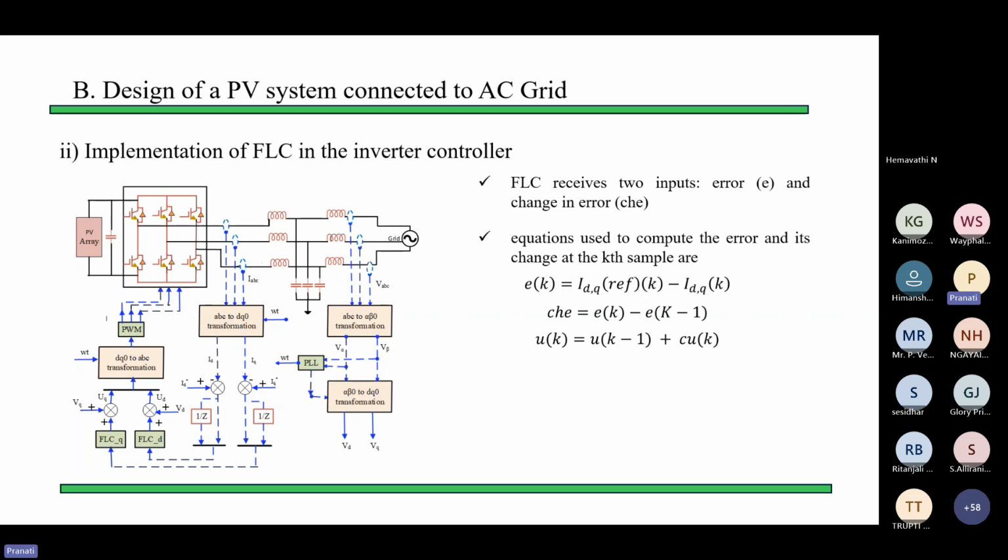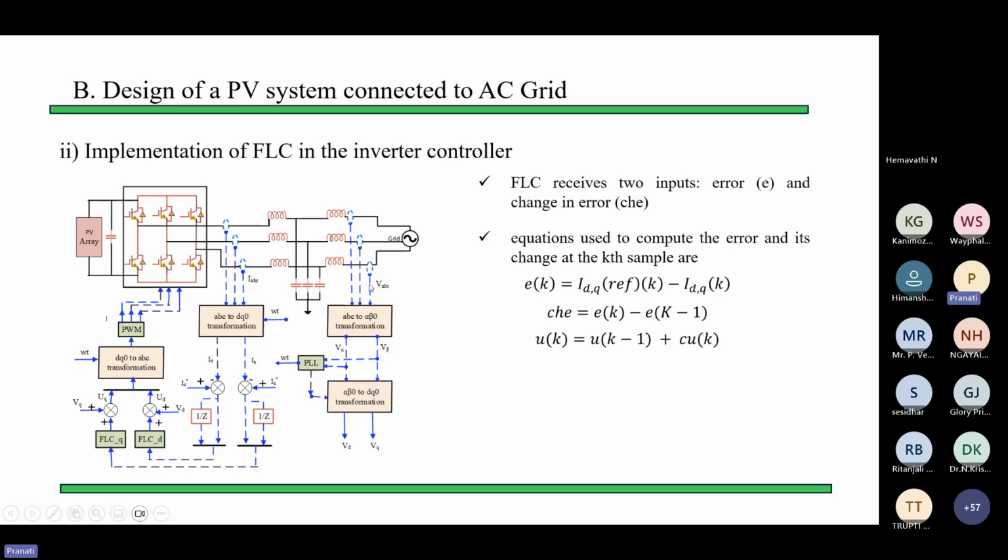Therefore, we need to work only with the DC values. The respective currents on the ABC frame are transformed into DQ0, which produces I_D and I_Q. Now, this is omega t.